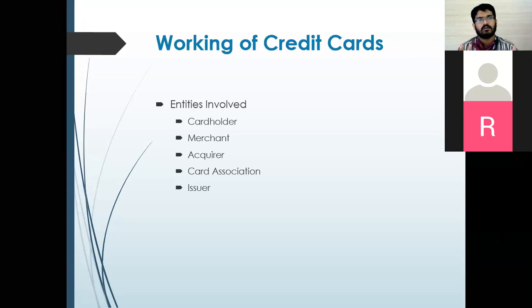Once everything is set and all the processes are properly merged and integrated, you will be able to transact in any of the branches, whether it is Union or Corporation Bank.